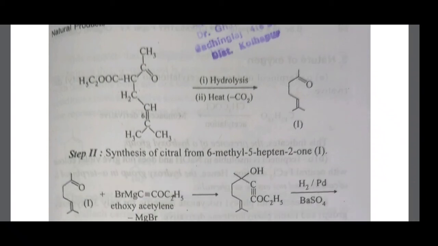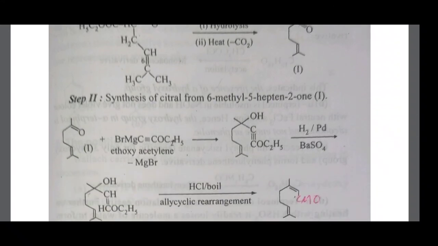Then in the second step, synthesis of citral from 6-methyl-5-heptenone. Here I again take compound number first, which reacts with the ethoxy group, OC2H5 being called ethoxy, acetylene magnesium bromide, releasing MgBr.